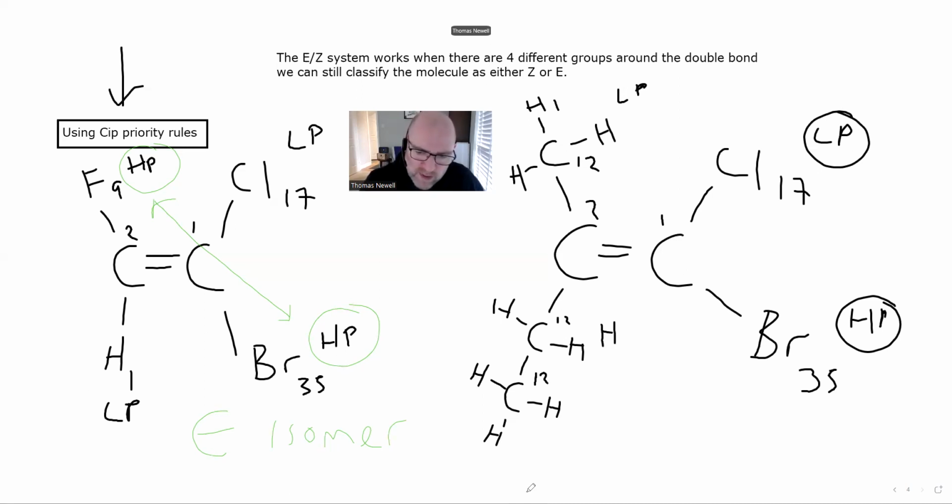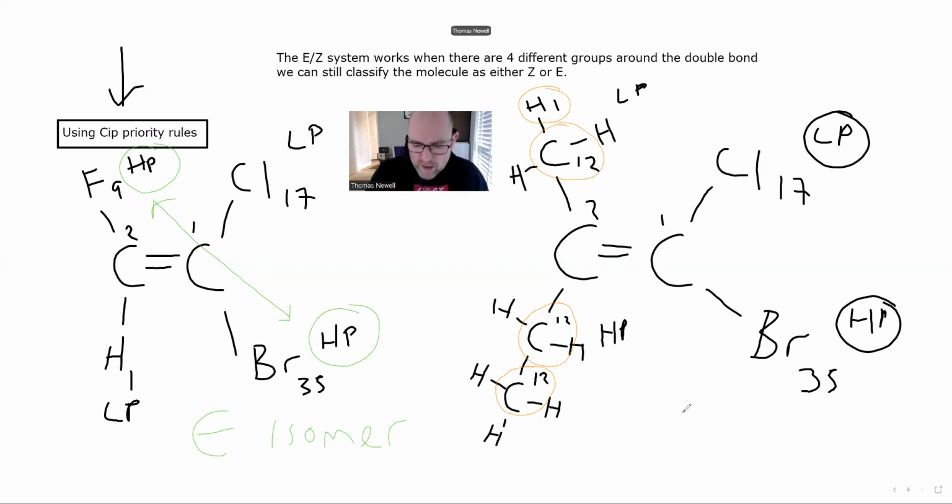So this becomes higher priority. Once again, the reason why we did that is they both had a carbon with an atomic number of 12 attached, so we then look for the next different atom. We find that this one has a carbon with a 12, and the most we can get out of the other one is a hydrogen with a lower atomic number of 1.